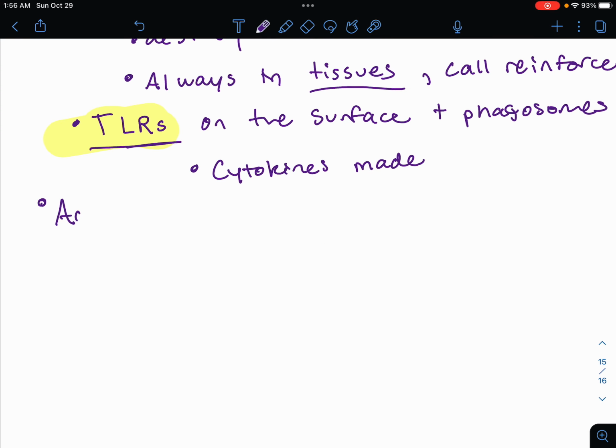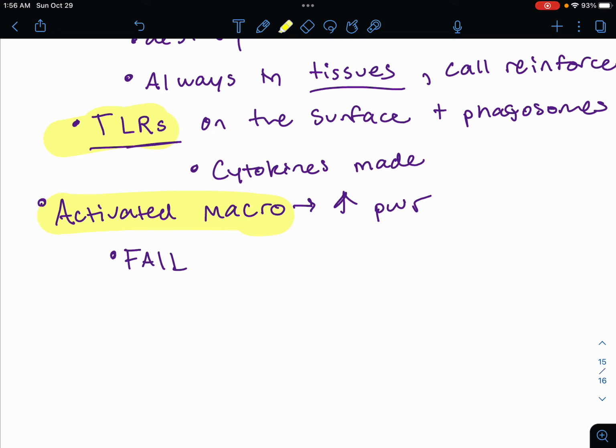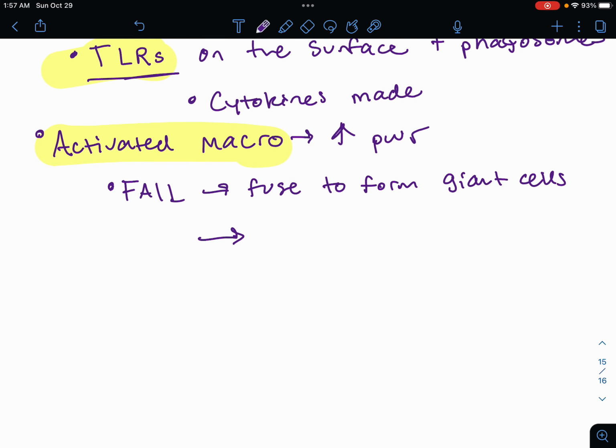Okay, so an activated macrophage, this is caused to increase power. If they fail, let's highlight that. Activated macrophage is a vocab term. They fuse to form giant cells, or they could also work with T cells to form granulomas.